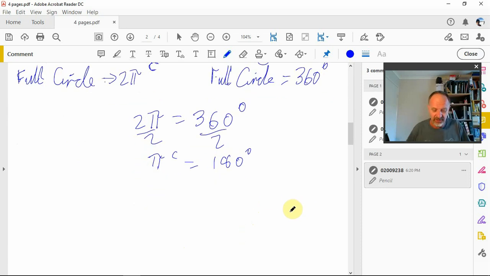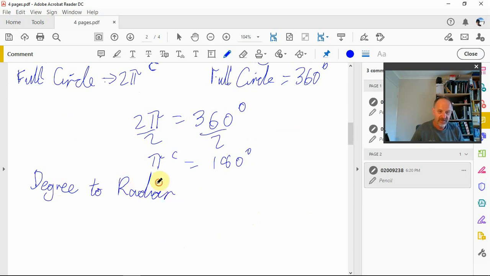So if we want to do a conversion from degree to radian, we take our angle in radian to be our angle in degrees divided by 180 times pi.